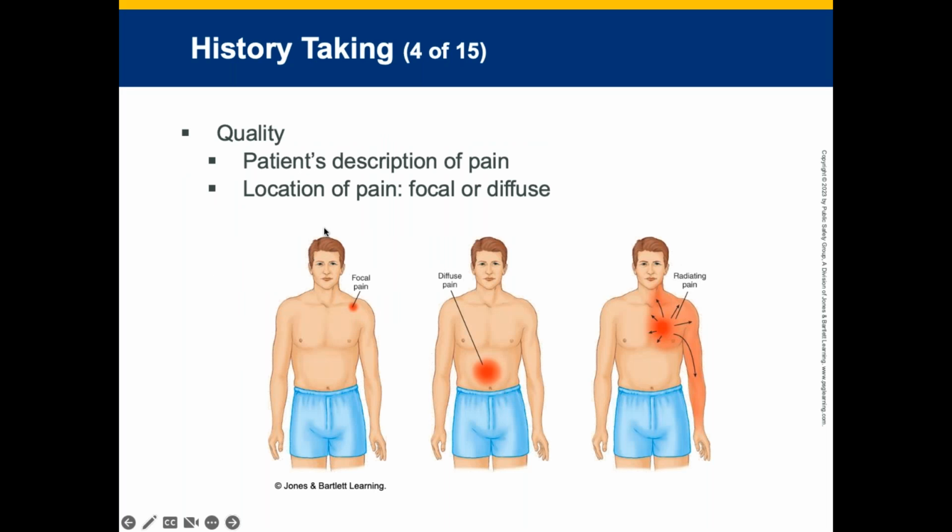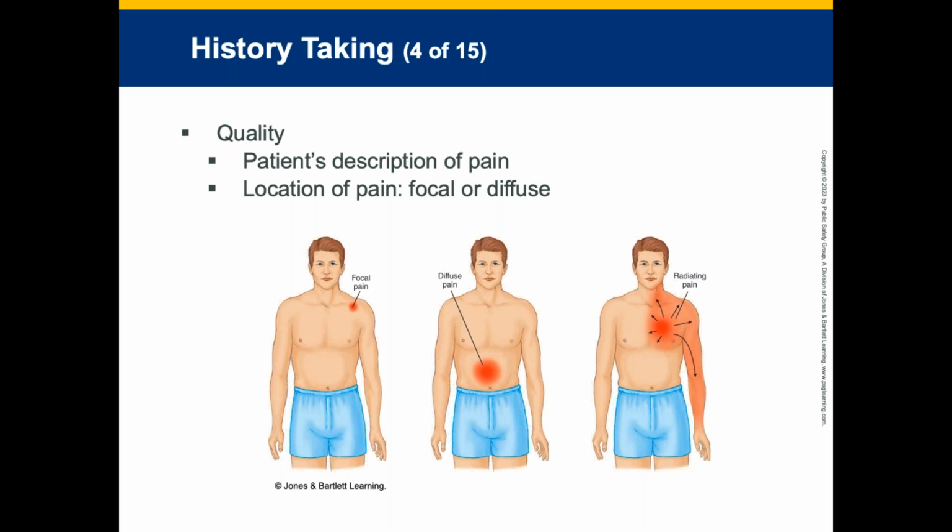Looking at the quality, the patient's description of the pain, avoid asking leading questions. Have patience. Don't lead them into something, right? Carefully document the patient's own words and ask the patient to point to the area of pain. Let me know where it hurts. Describe areas of pain or pain anywhere else associated with that, focal or diffuse pain.